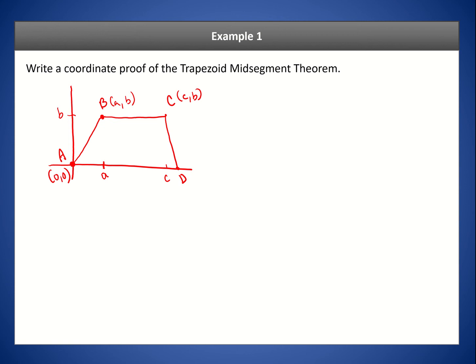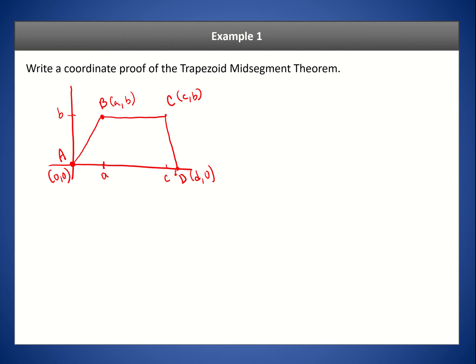Then let's do the coordinates of point D. Let's say that D is lowercase d away, so it's going to be (d, 0). Okay, so we've got all the coordinates. And generally in these proofs, you're not going to have numbers, you're just going to have variables like this.